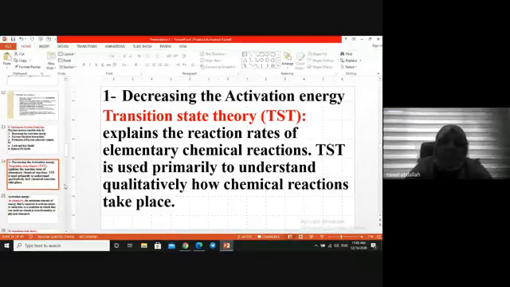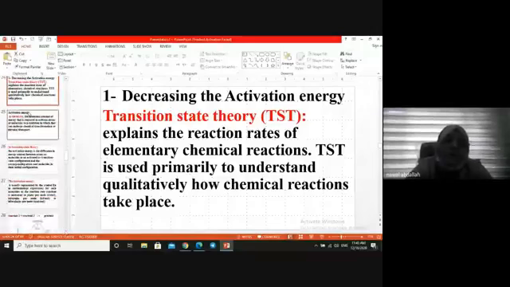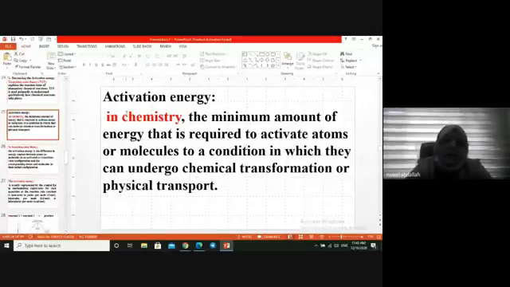Transition state theory is used primarily to understand qualitatively how chemical reactions take place. Activation energy in chemistry is the minimum amount of energy required to activate atoms or molecules to a condition in which they can undergo chemical transformation or physical transport.